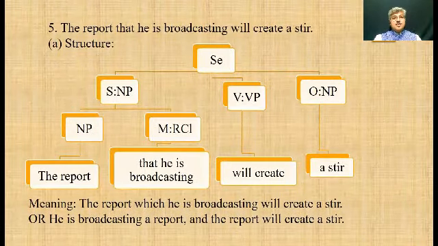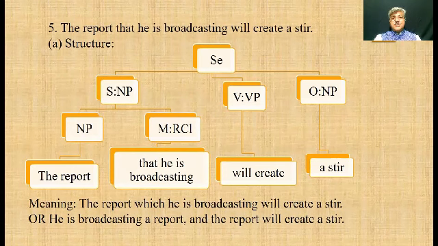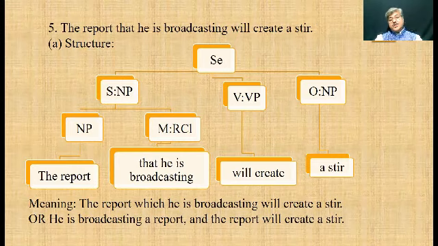Next example, the report that he is broadcasting will create a stir. The report that he is broadcasting will create a stir, meaning the report which he is broadcasting will create a stir, or he is broadcasting a report and the report will create a stir. It means whatever the report is, that report will create a stir.